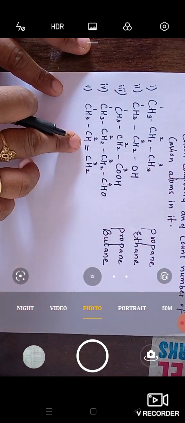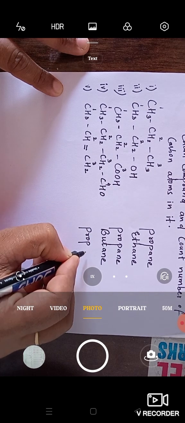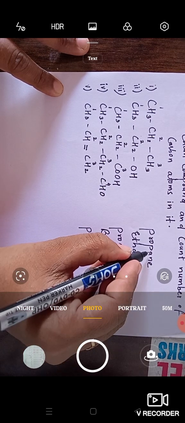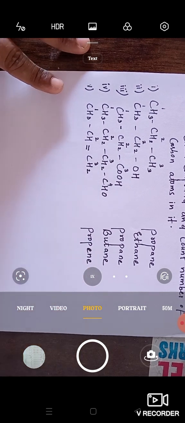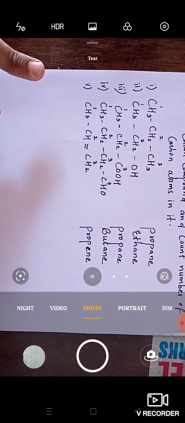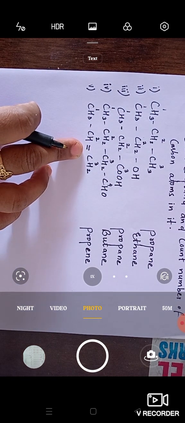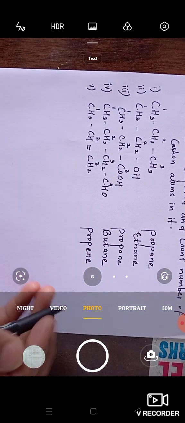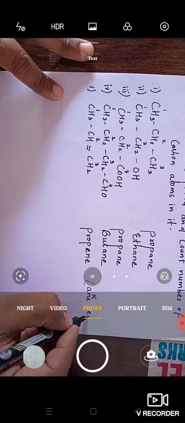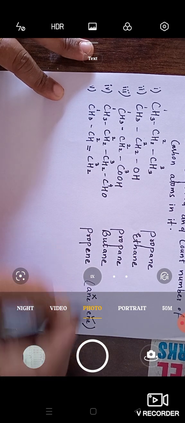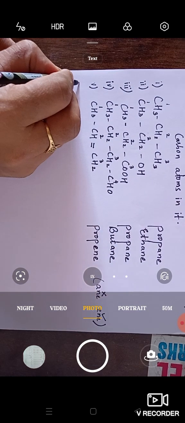But remember, if there is a double bond, 'ane' will be replaced with 'ene', so it becomes propene. Remember this, if there is a double bond, 'ane' gets replaced by 'ene'.